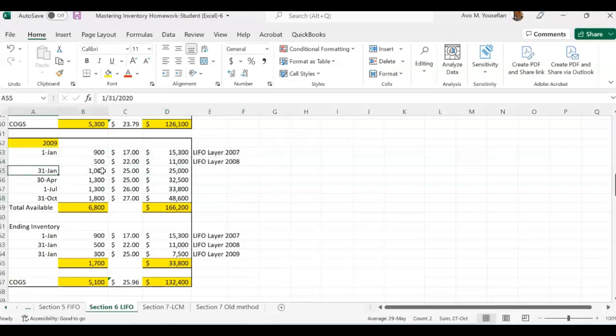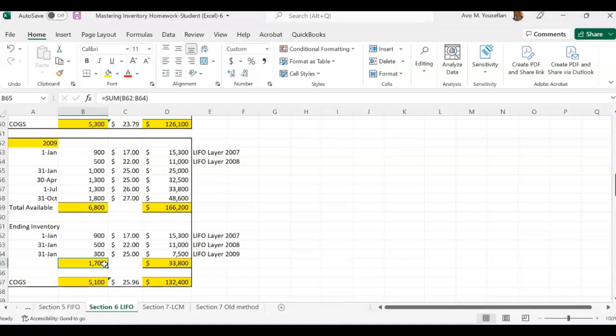And then we purchased a few more units, ending up with $166,200 of available inventory, total 6,800 units. Very good. We sold as many units as we could, but we end up having ending inventory based on physical count of 1,700 units.